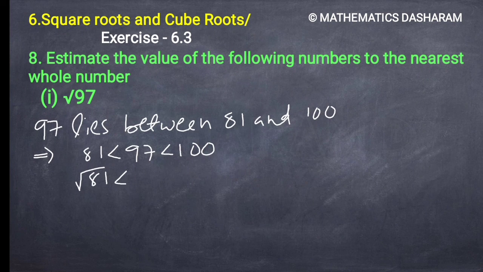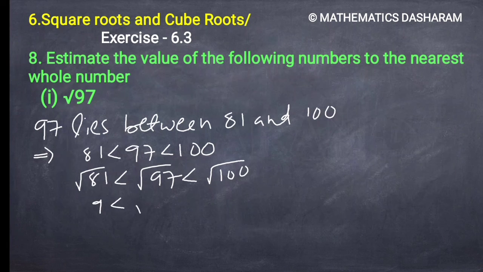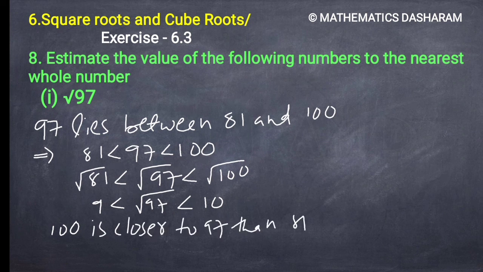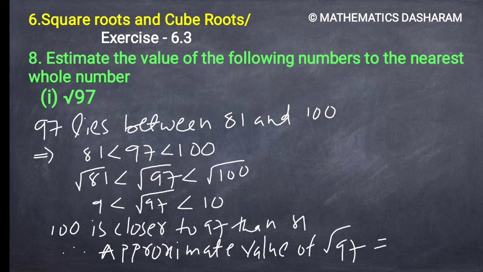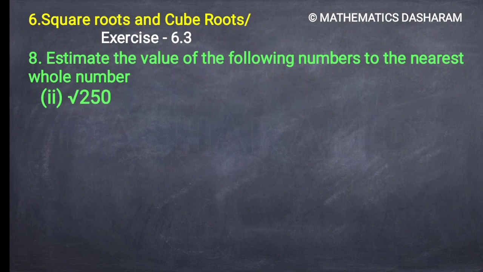Square root of 81 is 9, less than square root of 97, less than square root of 100 which is 10. Here 100 is very close to 97 compared to 81. Therefore the approximate value of root 97 is 10.